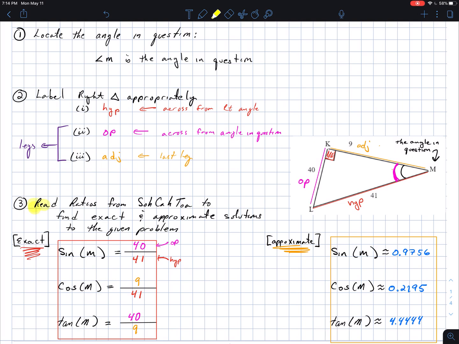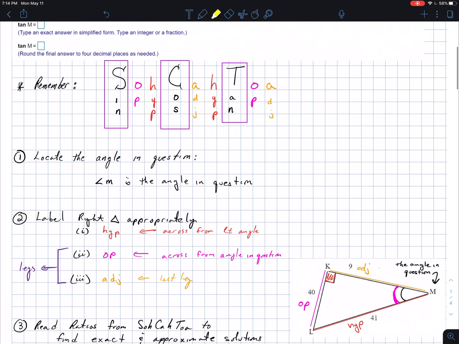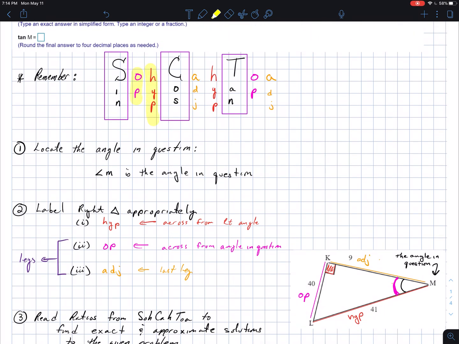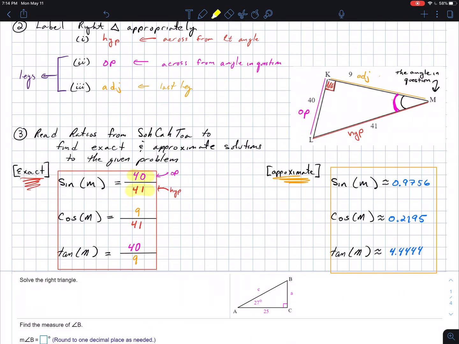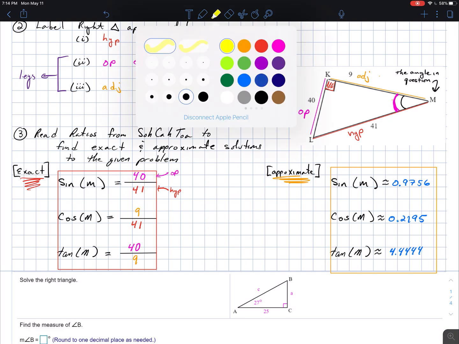So it says, remember, read the ratios of Sohcahtoa to find the exact and approximate solutions. So, well, what are they? Well, remember the sine, right? The sine is the opposite over hypotenuse. So I simply put 40 over 41. Well, why am I saying that 40 is the opposite? Well, because it is.